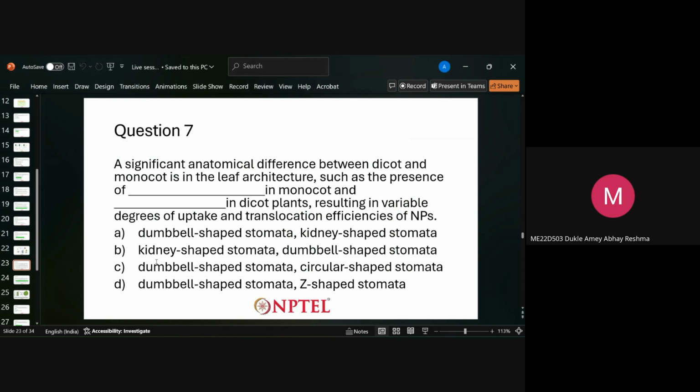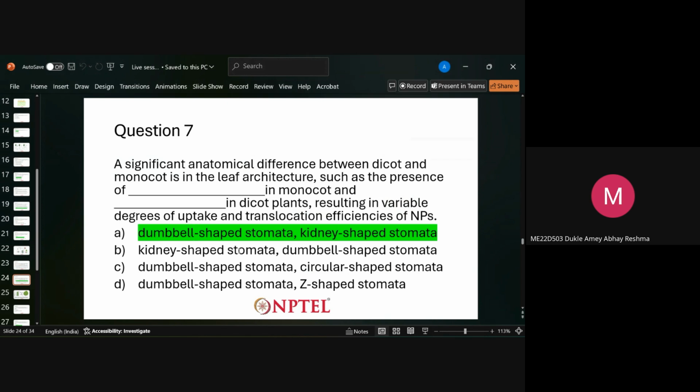The options include dumbbell-shaped stomata, kidney-shaped stomata, circular-shaped stomata, and Z-shaped stomata. So the answer is dumbbell-shaped stomata in monocots and kidney-shaped stomata in dicots.